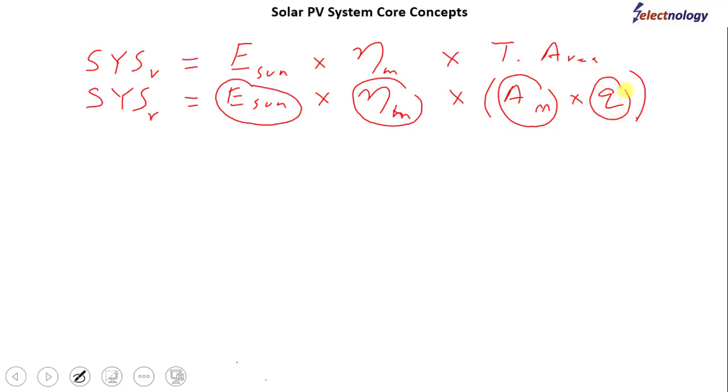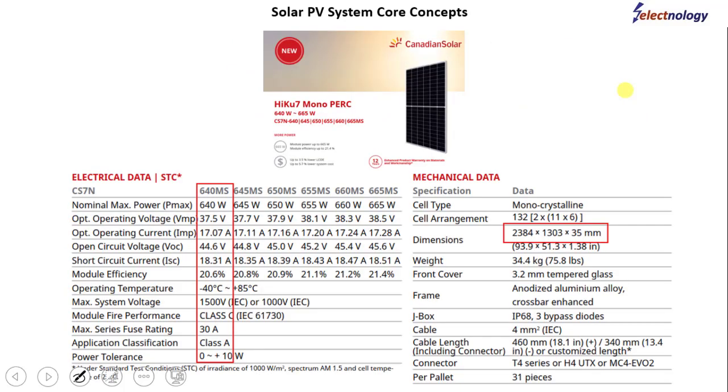Let's take an example. This is the actual data sheet of one of the Canadian Solar's PV modules, and we are selecting this model, model number 640MS. Its nominal max power, its rated power specified by the manufacturer, is 640 watts. Forget about the other parameters, we will discuss them later.